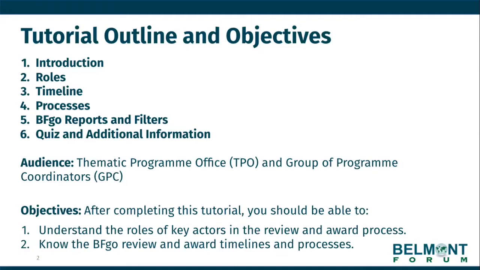We will then discuss the roles of key actors in the application process, review the application timeline for a typical call, take an in-depth look at the process itself, analyze relevant BFGO reports and filters, and finish with a quiz to test your knowledge. After completing this tutorial, you should be able to understand the roles of key actors in the review and award process, and know the BFGO review and award timelines and processes.